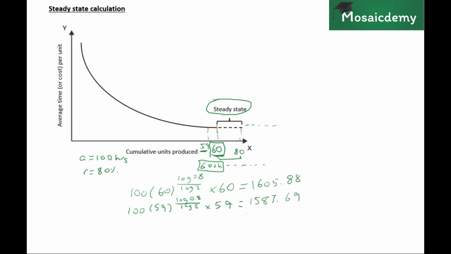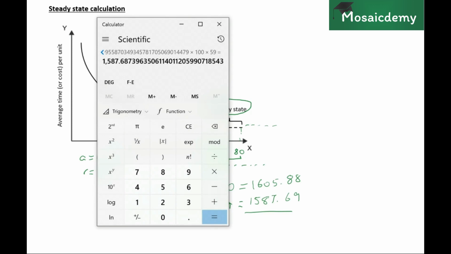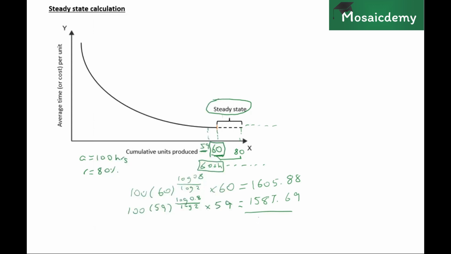So the difference between these two is, we can take this as is, it's going to be negative, plus 1605.88, we get 18.19. So the 60th unit took 18.19 hours to make, and any subsequent units will take this much time. Now, how many subsequent units do we have? 61st to 80th units means 20 subsequent units. So we multiply this by 20.